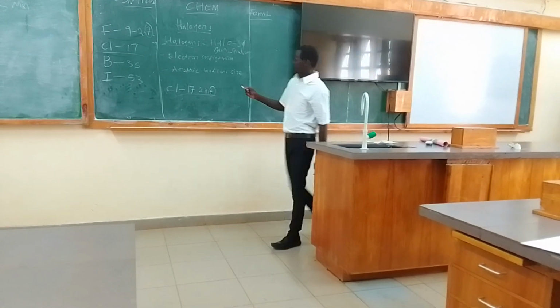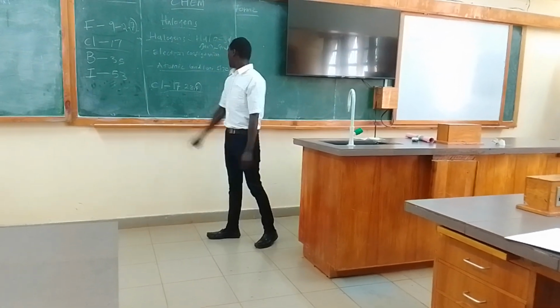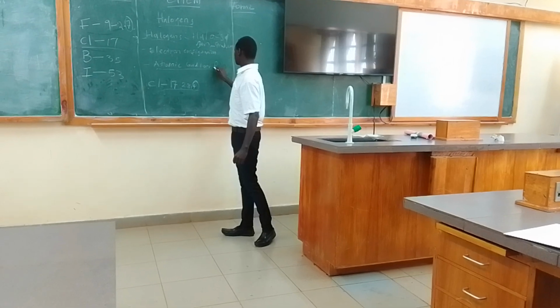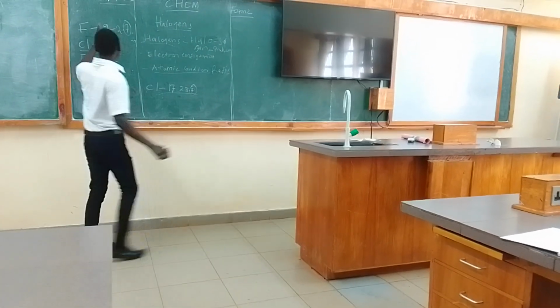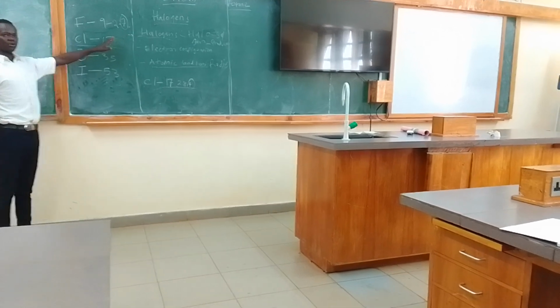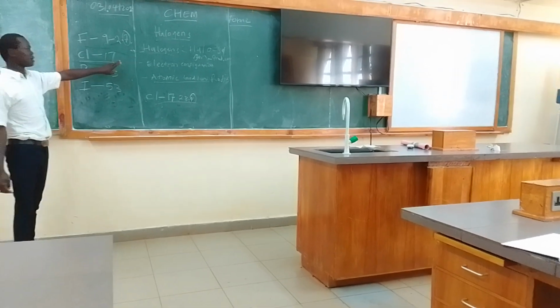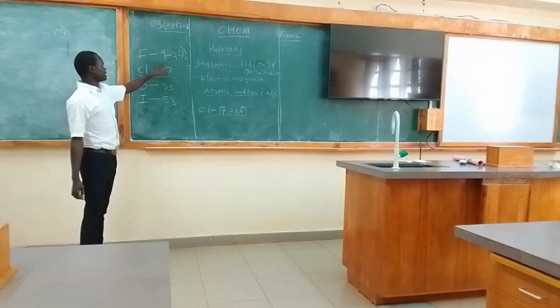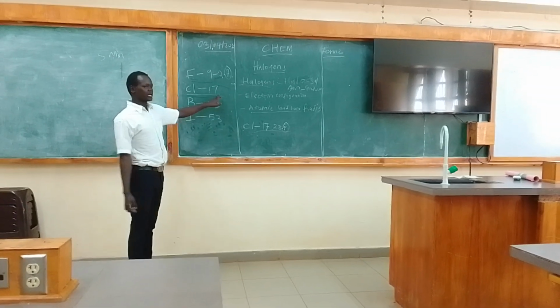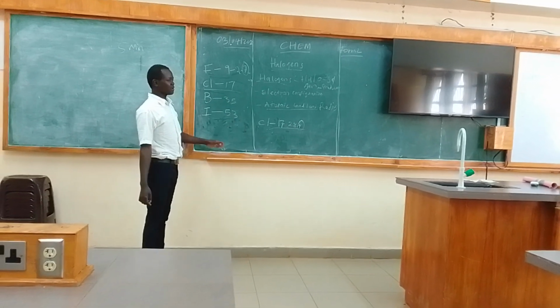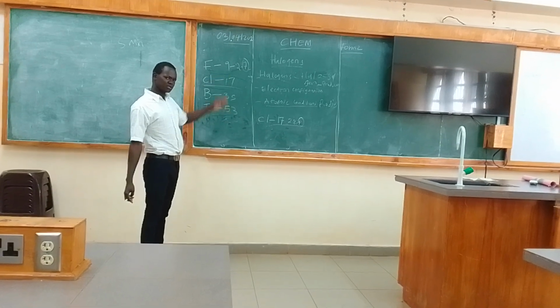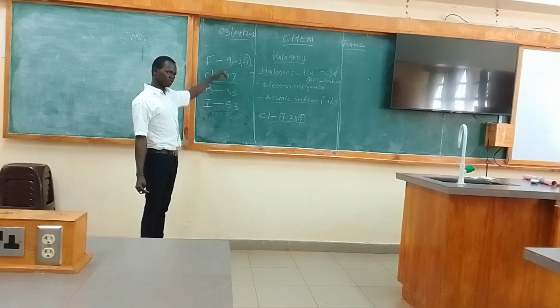Now let us look at the atomic and ionic radius of the halogens. Now when you look here, can everybody look up here? Fluorine has atomic number 9, chlorine has atomic number 17, bromine 35, and this one 53. What is something that is notable here as you go down this group?